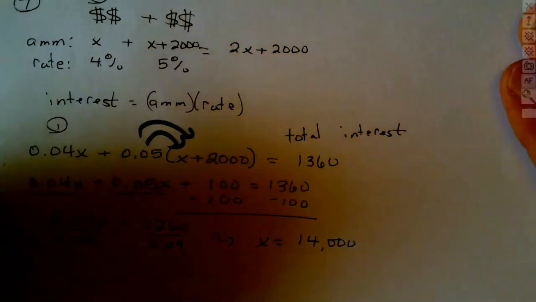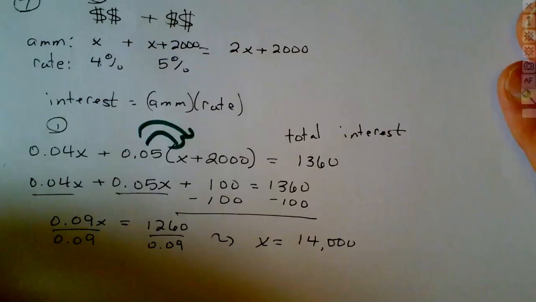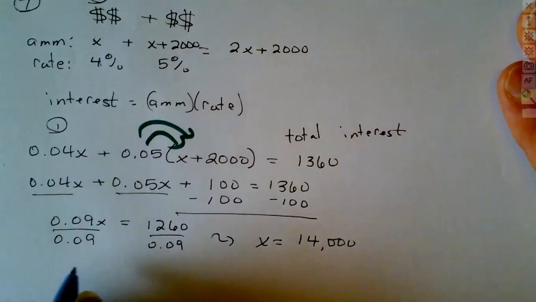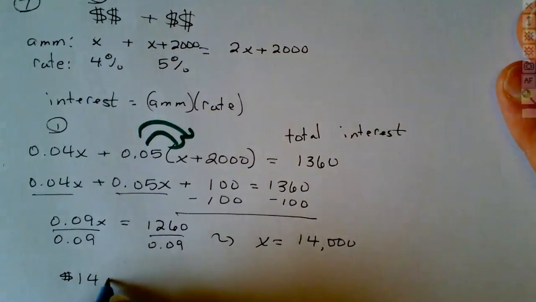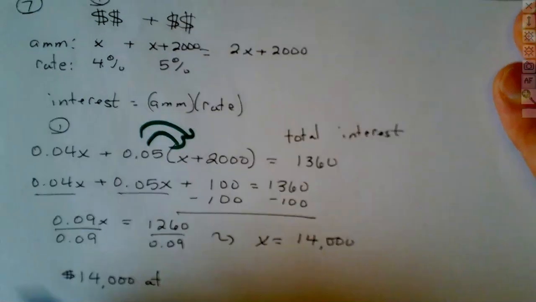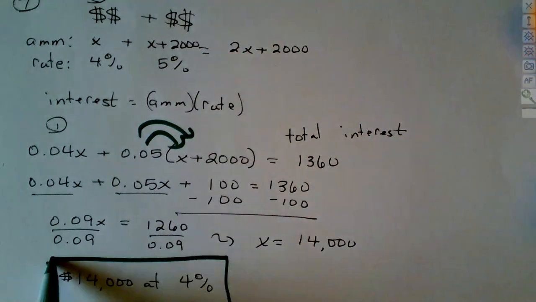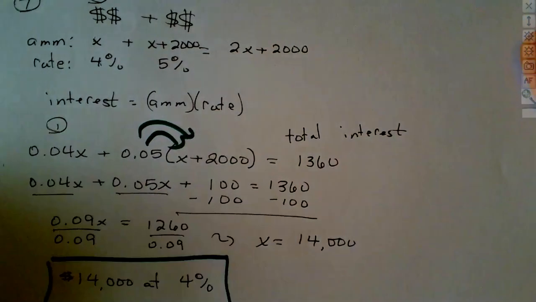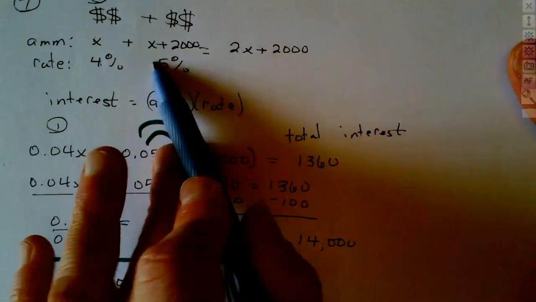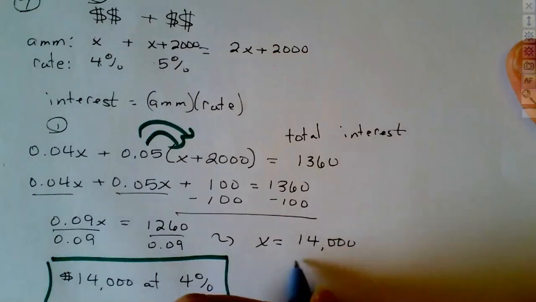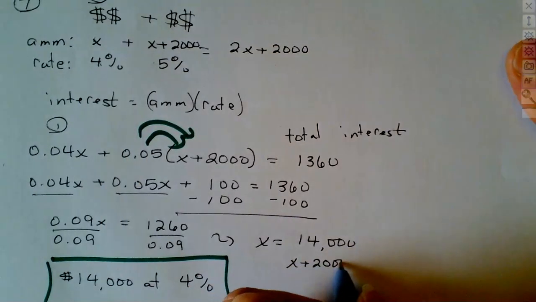Now we need to find both accounts. So the first account is right here at x, and it's 4%. So we have $14,000 at 4%, so that's half of it. How do we get the other one? Well, we just simply plug it in. So the other one was up here at 5%, and it's x plus the 2,000.